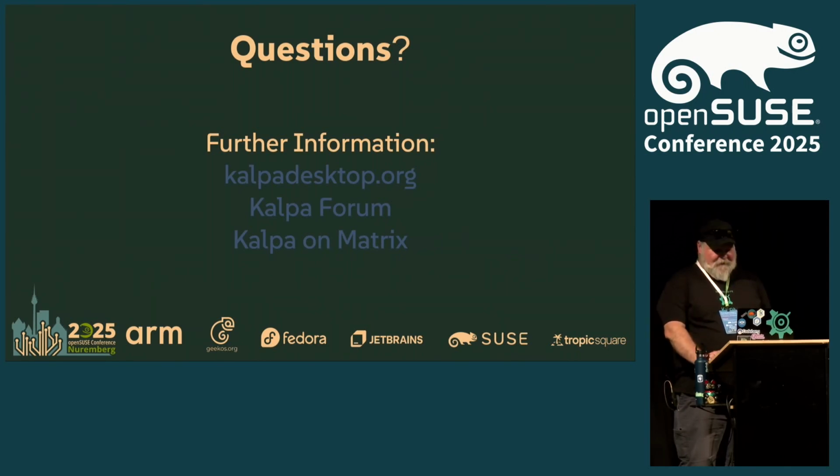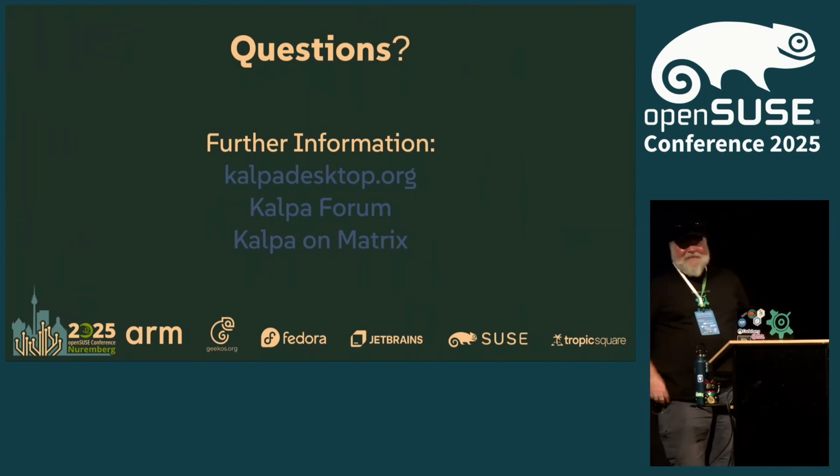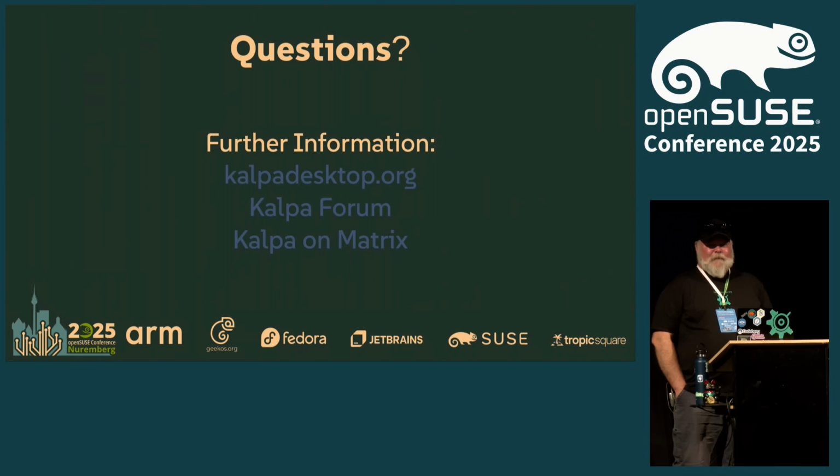Really well done. Interesting side note, I actually had a user in the Matrix channel report what I consider a bug this morning, but they never actually filed a bug report. From my side, I haven't found anything that is not working and is actually caused by Kalpa. Yeah, if a bug is in Tumbleweed, it's in all of the derivatives.